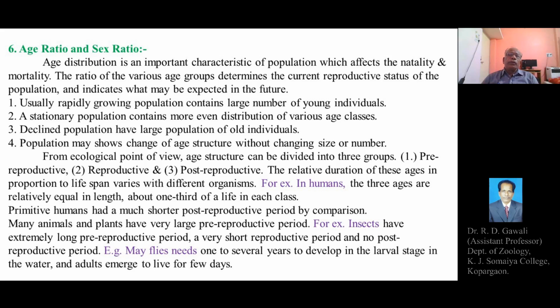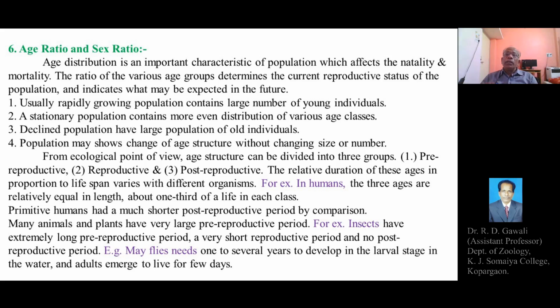The relative duration of these ages in proportion to the total lifespan varies with different organisms.